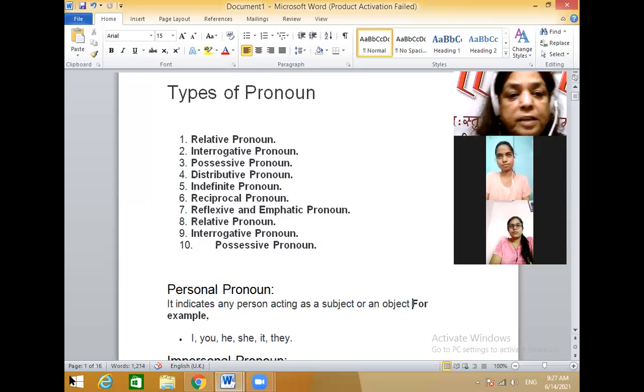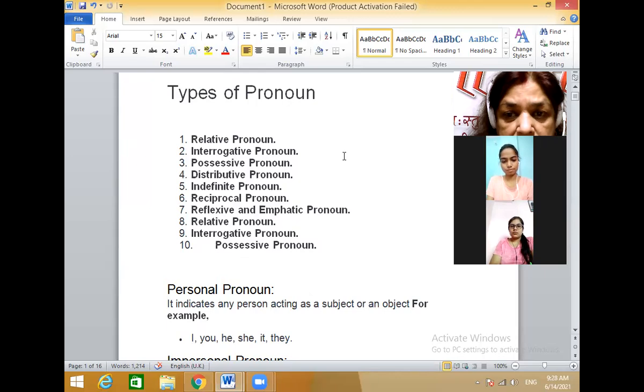The third is possessive pronoun. Possessive. Following which is distributive pronoun. Distributive. Are you noting it down?